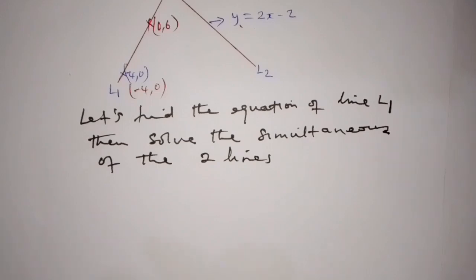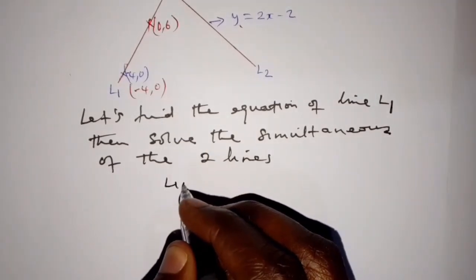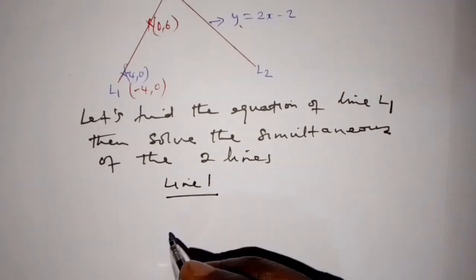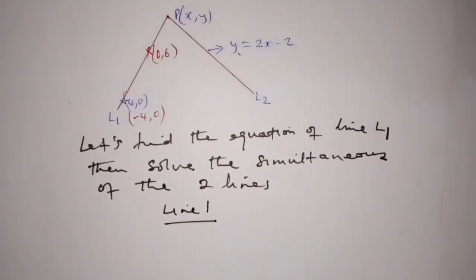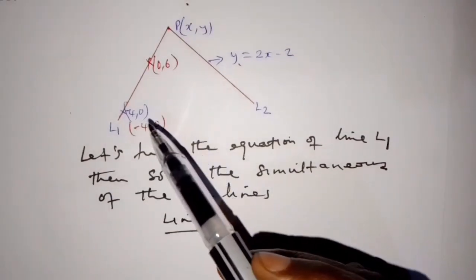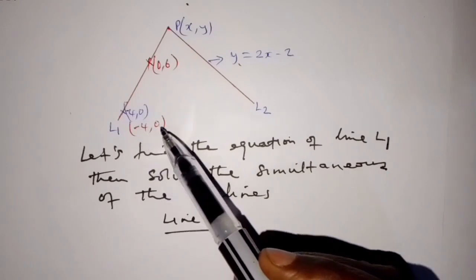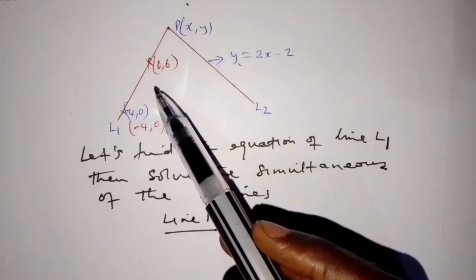So we can say that line 1 has got these points negative 4, 0 and 0, 6.